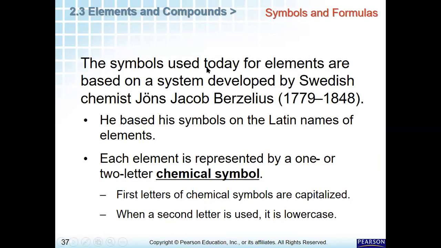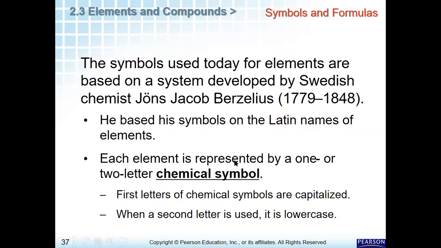By the time, they started to get simpler symbols from a new scientist, the Swedish chemist Jöns Jacob Berzelius. Berzelius was the first one to derive Latin letters into symbols for the elements from the Latin names of elements.